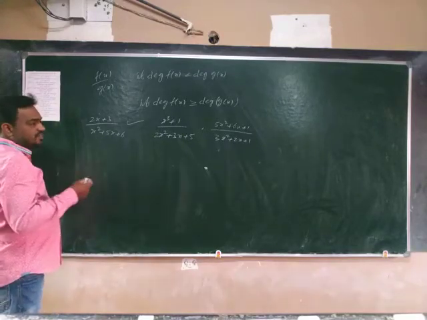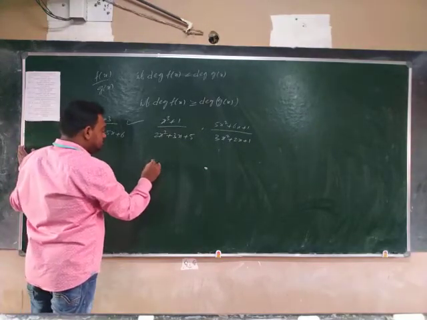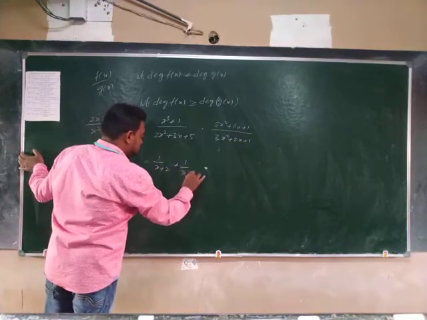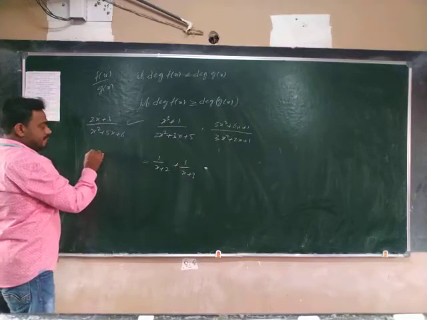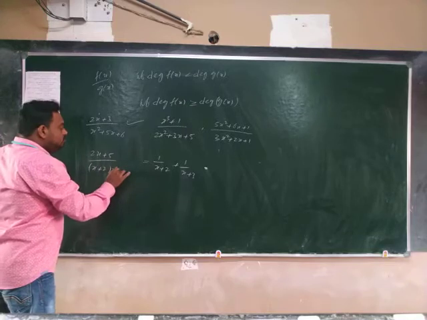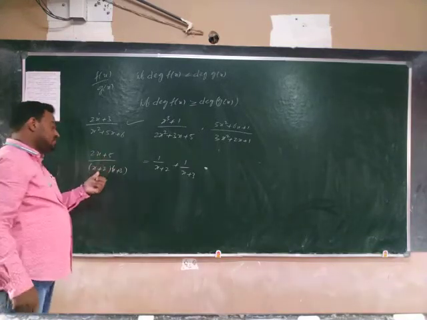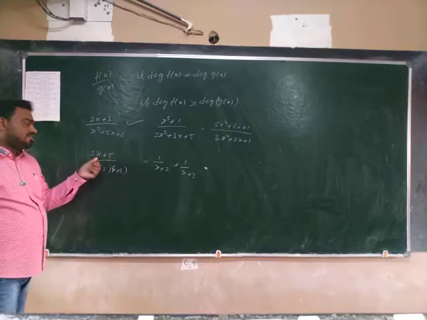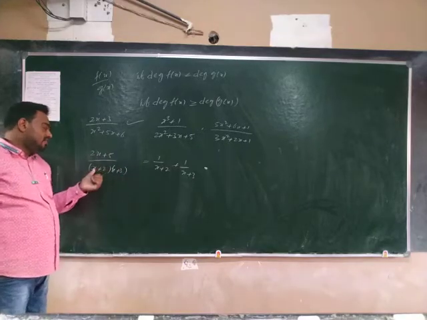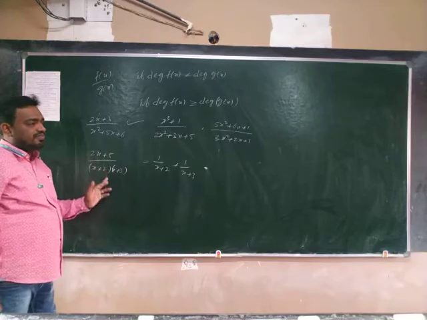For example, take 2x plus 5 by x plus 2 into x plus 3. This is a proper fraction, because the numerator degree is 1 and the denominator degree is 2. So 1 is less than 2, it is a proper fraction.